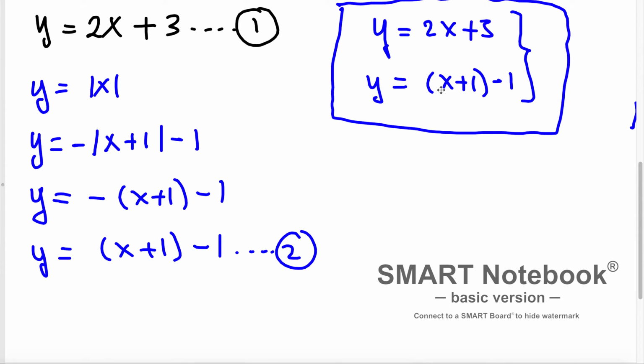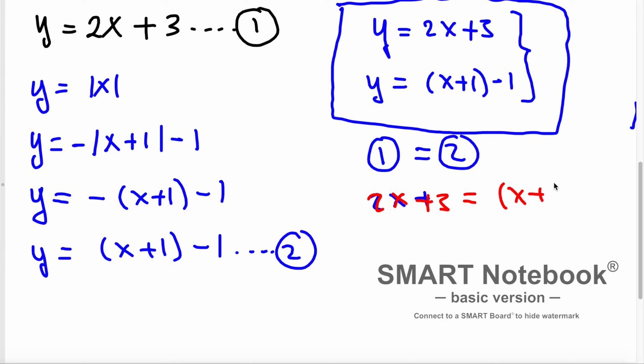If we want to prove that this system of linear equations is correct, let me make one equation. Let equation 1 be equal to equation 2. So 2x plus 3 is equal to x plus 1 minus 1.